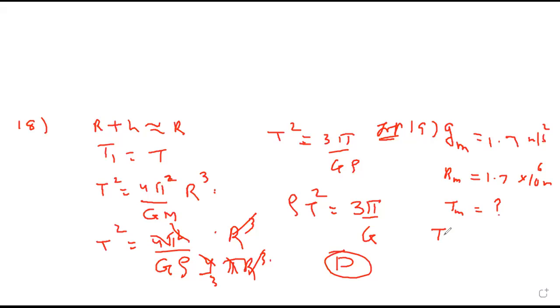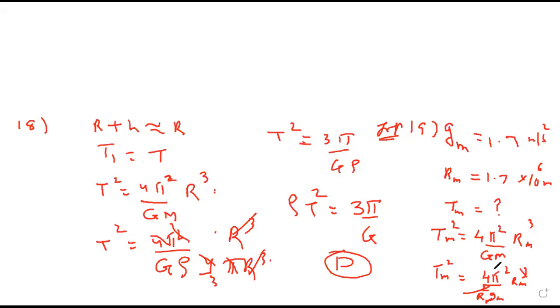So the period of satellite in the moon's orbit will be 4 pi square upon G M into R of moon cube. So Tm square equals 4 pi square, this GM will be R square into g, both of the moon, into Rm cube.